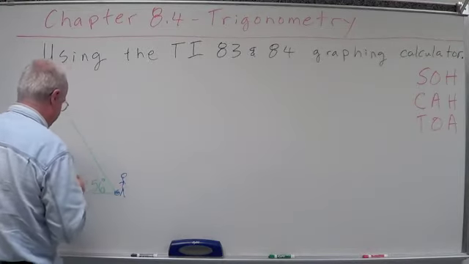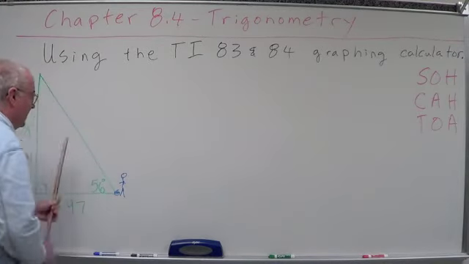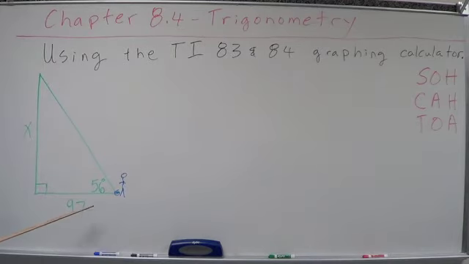We're standing right here. Now, if I'm standing right there, what do I know? I know 97 and I know x. Well, I told you at the very beginning, it's very important to understand: are you adjacent, opposite, or the hypotenuse? Where's the hypotenuse? It's right here because it's across from the 90-degree angle.